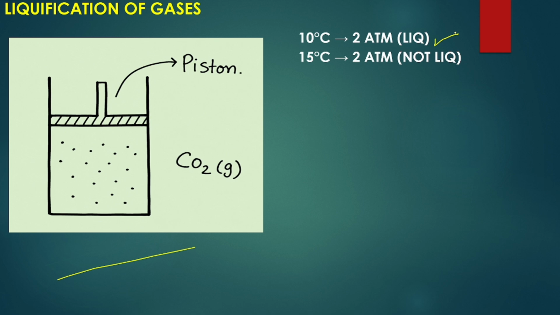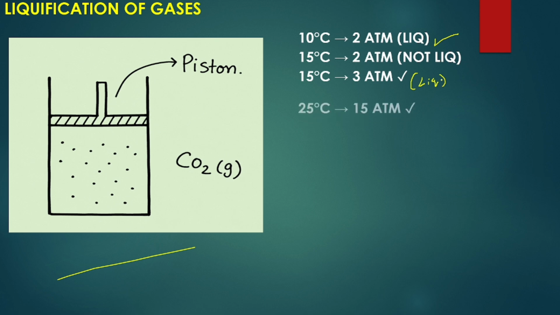No, the gas is not liquid. At 15 degrees Celsius, I need to increase the pressure also. Let's see, at 15 degrees Celsius and 3 atmosphere, the gas is in liquid state. We can compress it.